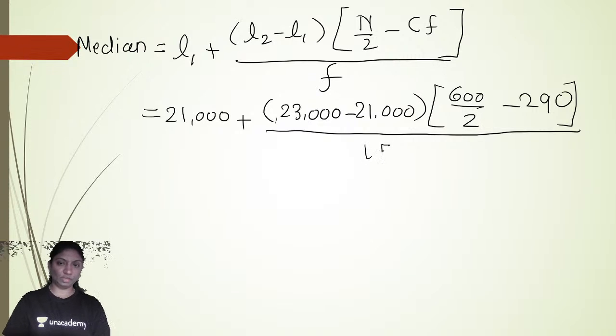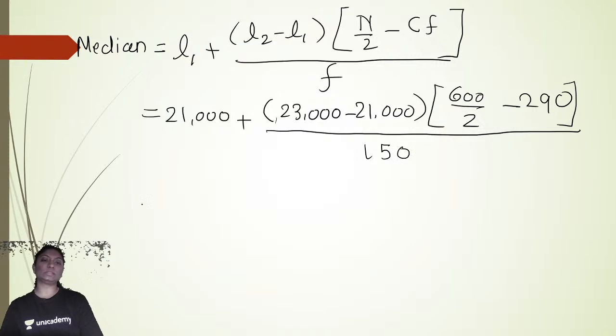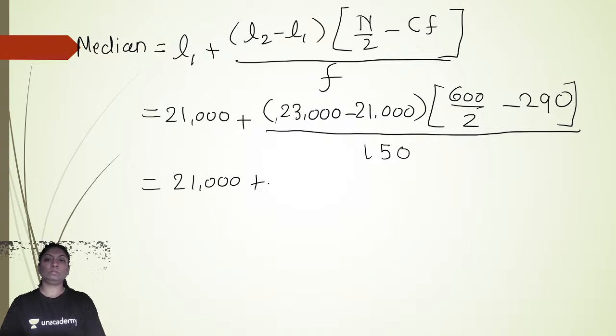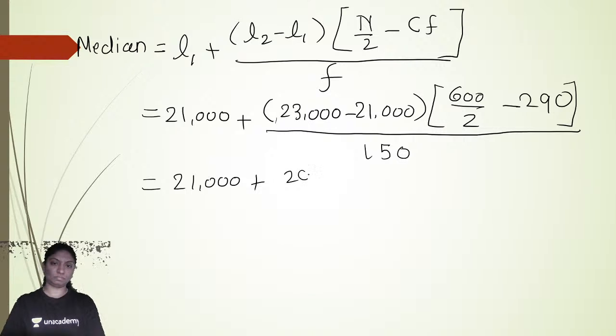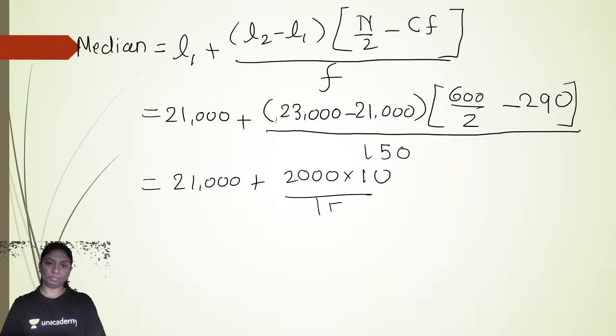Frequency is 150. So you can calculate: 21,000 plus (23,000 minus 21,000, that is 2,000) into (300 minus 290, 10) upon 150.